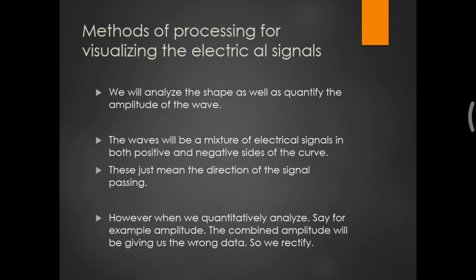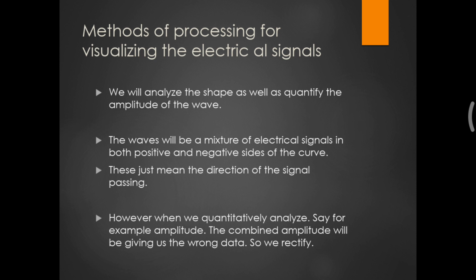If you draw a curve and look at the signals, it will go up as well as down, to both the positive and negative sides of the curve. When the curve goes in two directions, it doesn't mean that one time it is increasing and another time it is falling, because we don't have the option of negative current.